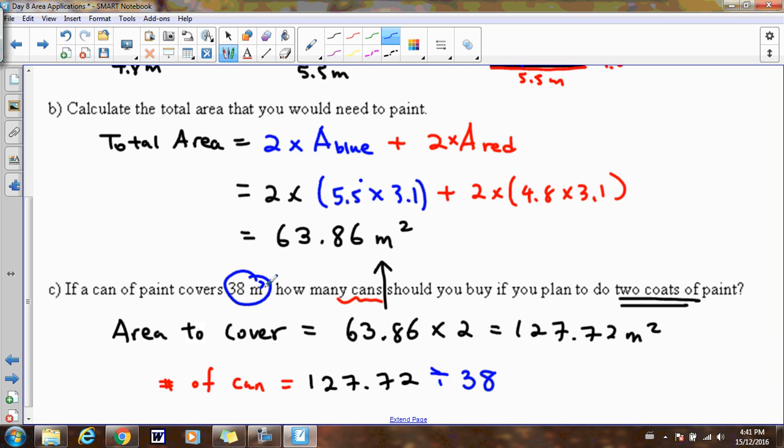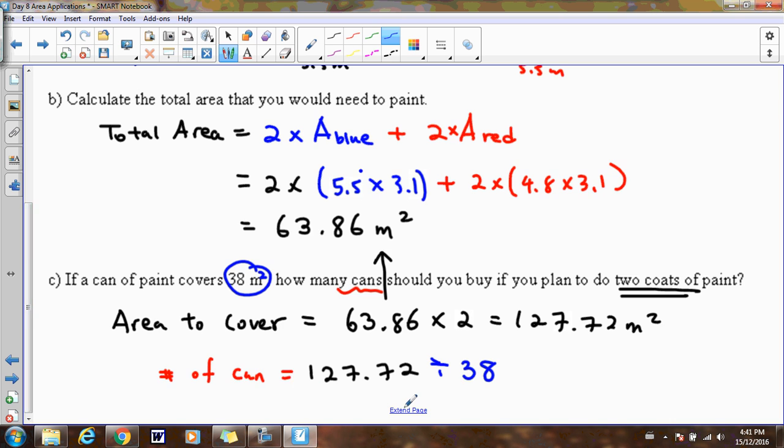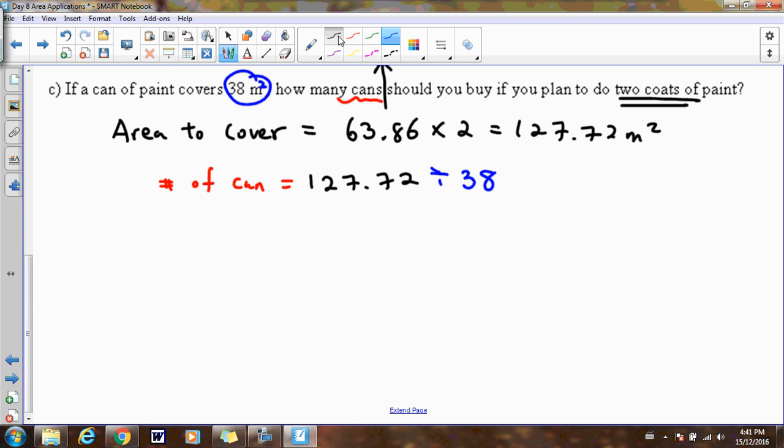In this case, it should be 38 meters squared. Sorry about the typo there. If you do that, that will give you about 3.4.